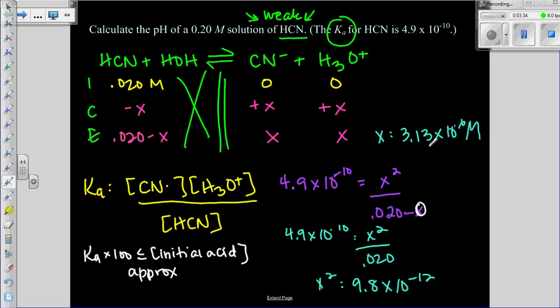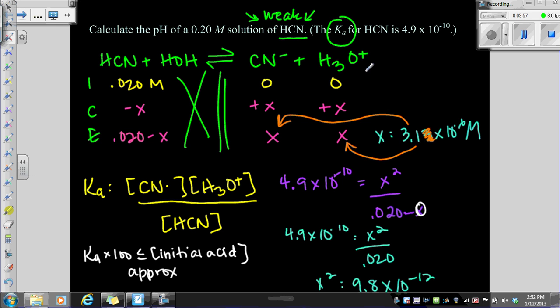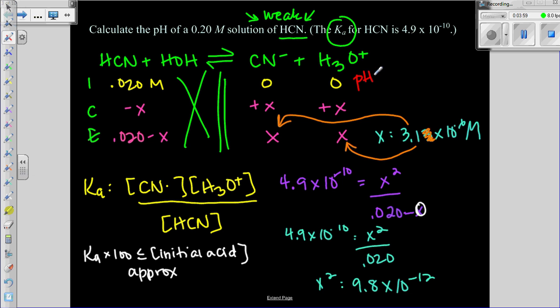In terms of sig figs, I ought to have 2 sig figs. So this would be 3.1 times 10 to the negative 6. Now, I'm asked for pH, so since this is my hydronium ion concentration, I can say that pH is equal to the negative log of that value, so negative log of 3.1 times 10 to the negative 6.